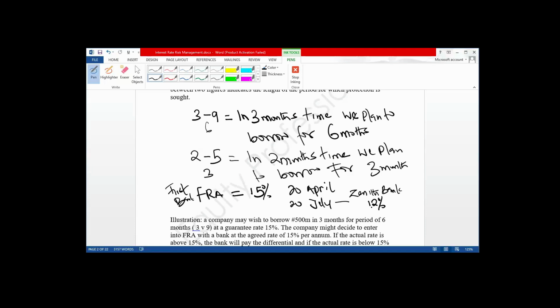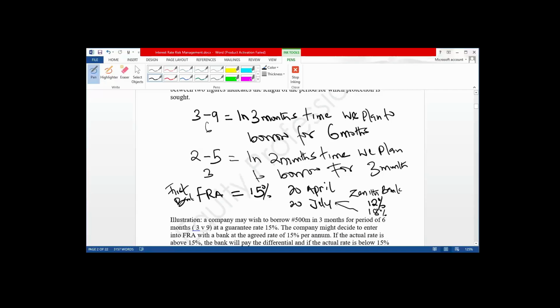Alternatively, you borrow this money from Zenith at 18%. Remember, you have agreed a FRA rate of 15%.